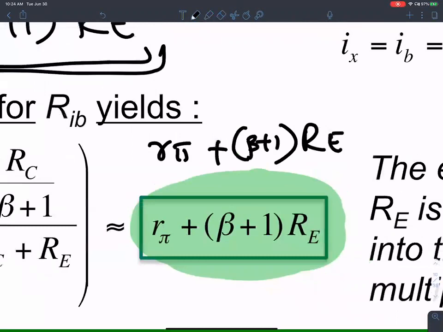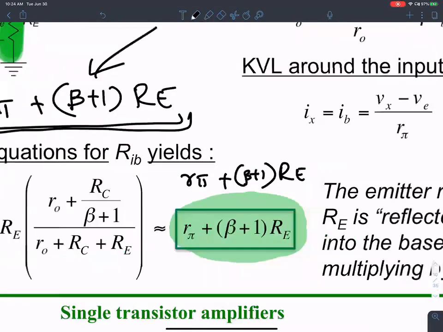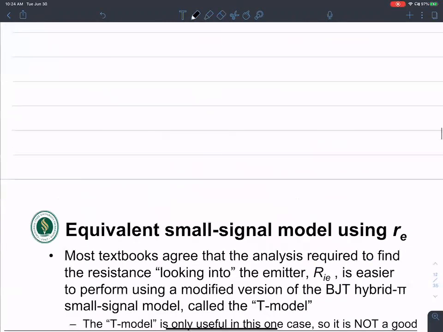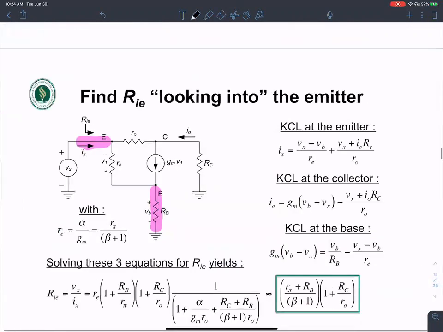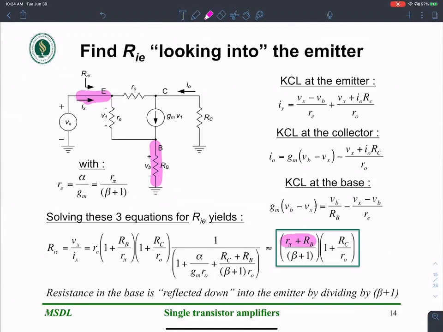But here, when you're looking into the emitter, that's a different idea. What happens is R pi plus RB is scaled down by the same factor, beta plus 1. Earlier, I had R pi plus RE scaled up by beta plus 1. Then there is 1 plus RC by R naught. Then there is a voltage division between RC and R naught.